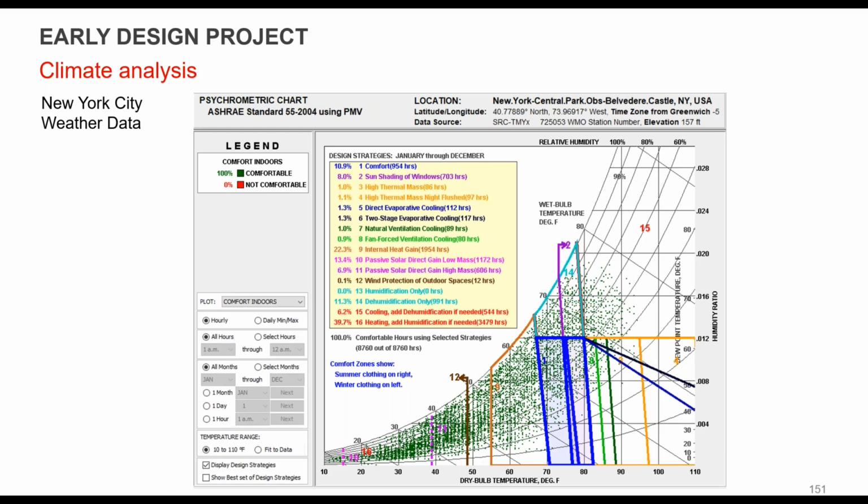Then there are other techniques for dealing with colder temperatures, and for higher temperatures and humidity as well. The climate tool is a pretty useful tool to look at that. You can bring in your weather file. This happens to be the New York City Central Park weather file for that particular case.